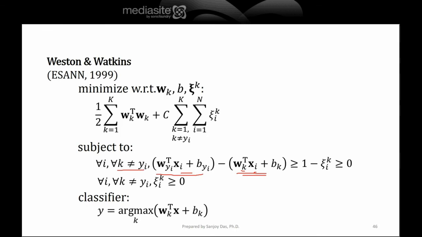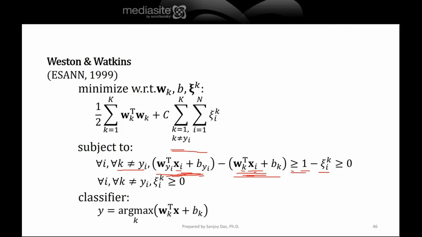In order to make xi lie further away from its own hyperplane, we take the difference and impose the restriction that it should be greater than 1. And if it's not greater than 1, then we incur a penalty, zeta ik.